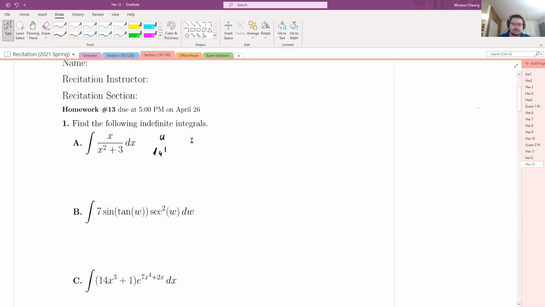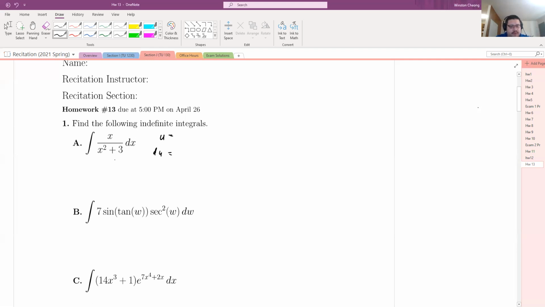So then you calculate what the du is, and then you convert over both the function and the dx to a function for u and a du. And then hopefully the resulting integral is easier to integrate. So then you can perform the integration. And then afterwards, you will need to do a back substitution. Okay.